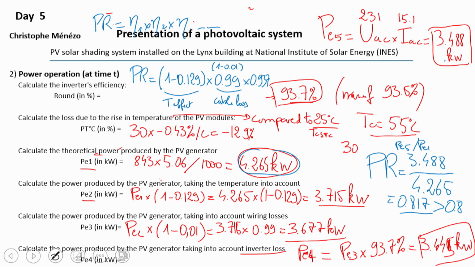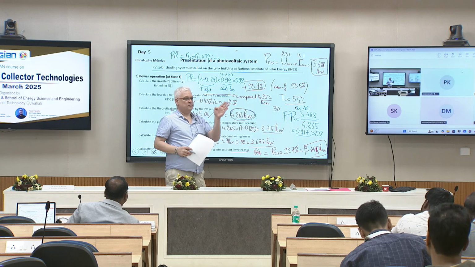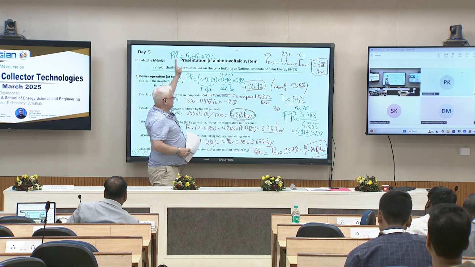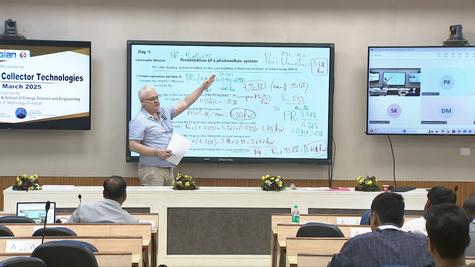Okay, so two ways to compute. What I have finally as a power, what I can expect. Or the other thing is, when you have a kind of cascade of transformation with each time an efficiency, the final efficiency is a multiplication of all the efficiencies.